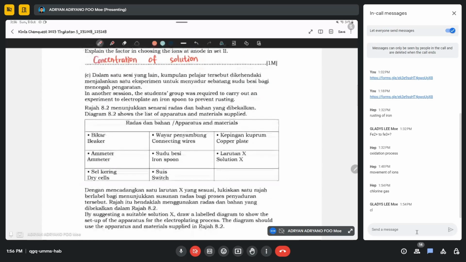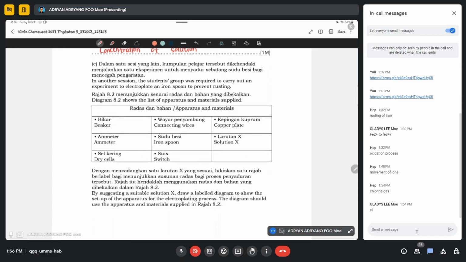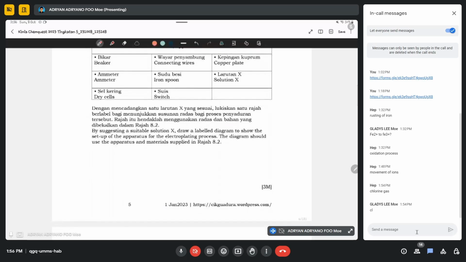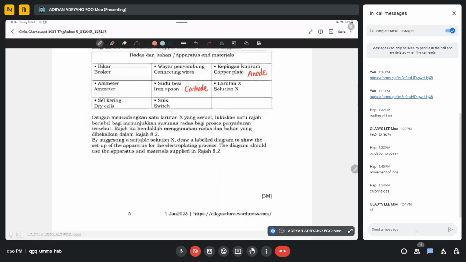Okay, then part C is a bit harder. In another session, the students are required to carry out an experiment to electroplate an iron spoon to prevent rusting. They prepare these apparatus. Draw a labeled diagram to show the setup. What method do I teach? Where does the object attach, and where does the metal attach? How do you remember? The object, the iron spoon, I will always put at the cathode, and the metal, copper, I will put at the anode. So I draw a dry cell.